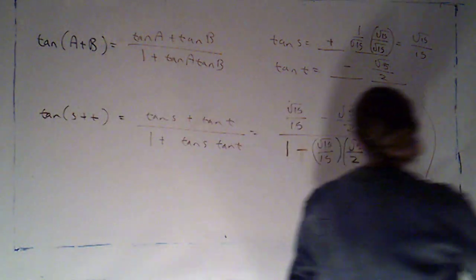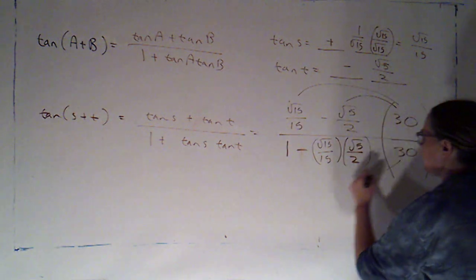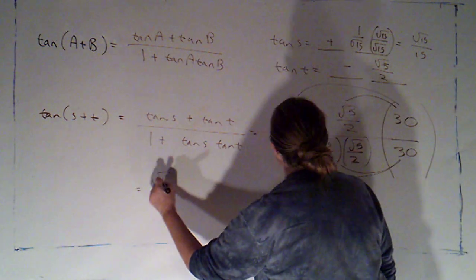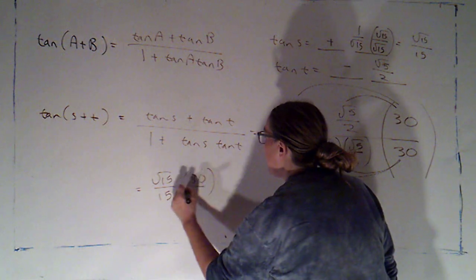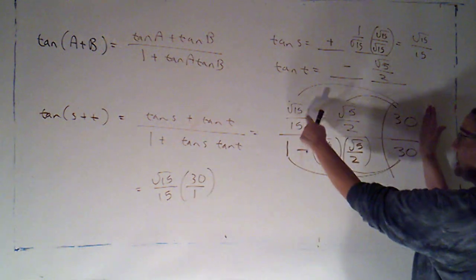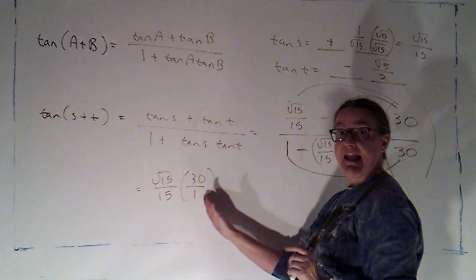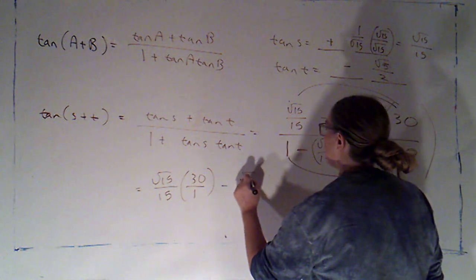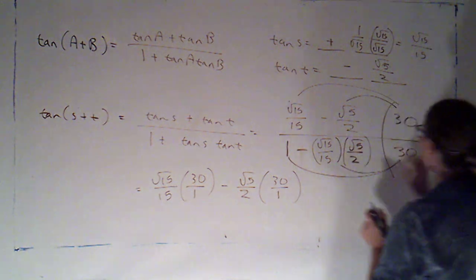Okay. So just because this is kind of involved, I'm going to actually show all of my steps as I distribute this. So I'm going to get root 15 over 15 times 30 over 1. I'm distributing that 30, and when I'm multiplying by a fraction, I might choose to write it as a fraction by putting it over 1, minus root 5 over 2 times 30 over 1.